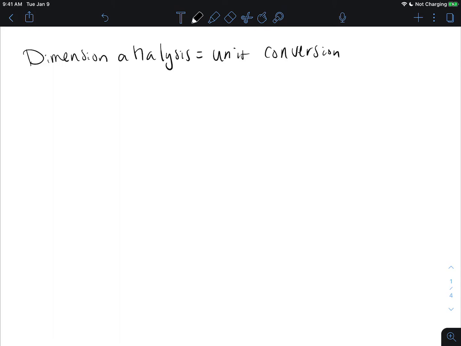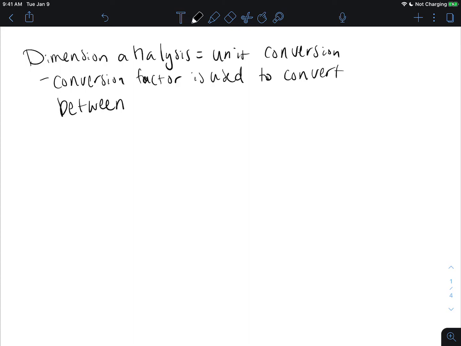With dimensional analysis, unit conversion, we are going to use what's called a conversion factor to convert between units. With a unit converter, we consider this to have a value equal to 1.